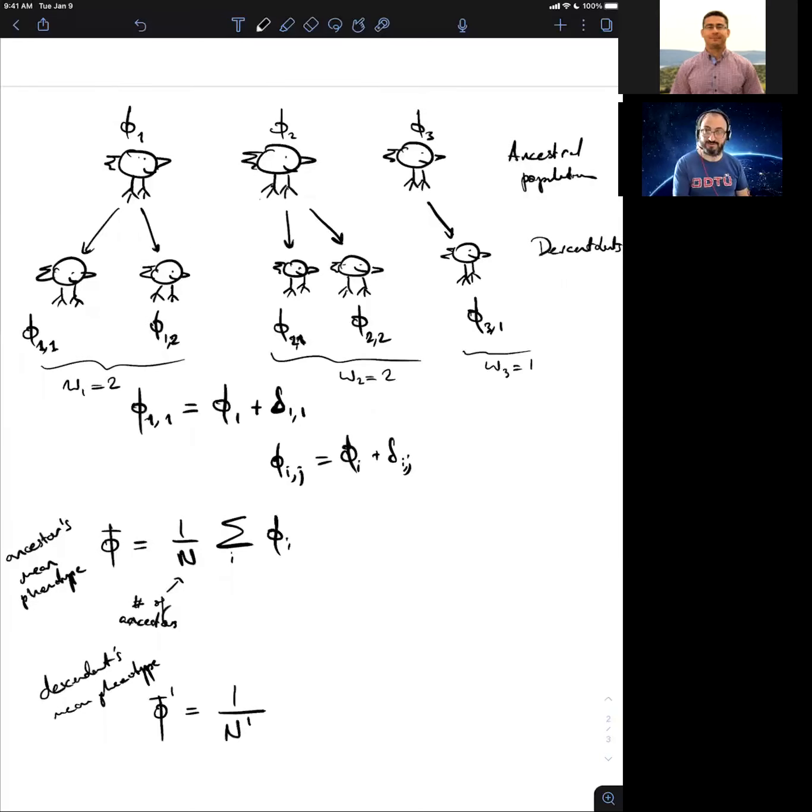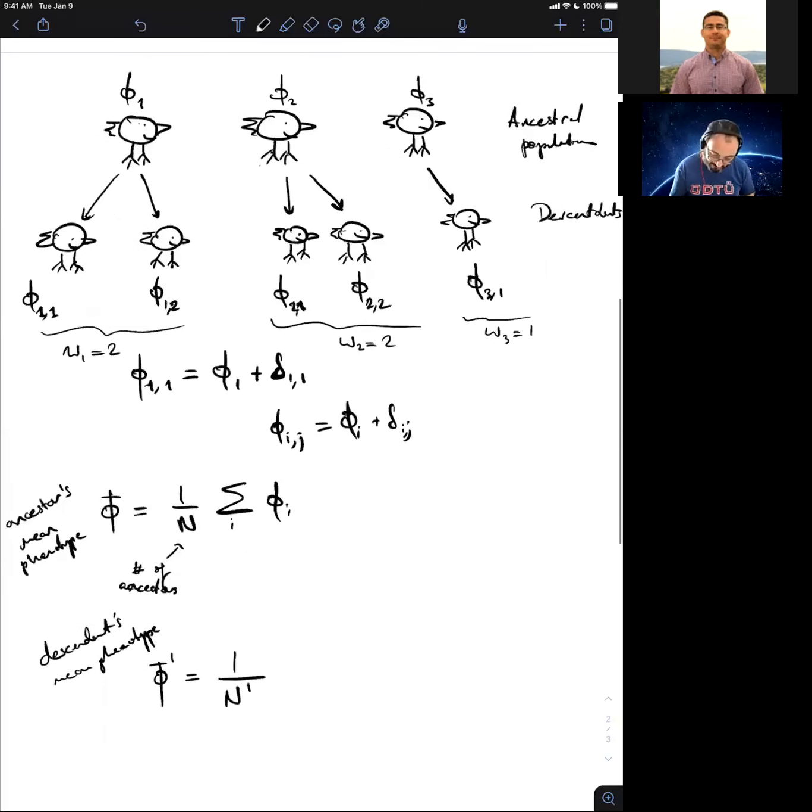In this case, it's 5 instead of 3. And then we sum over, because now we wrote down descendants with 2 indices, we have 2 subscripts to denote each descendant, so we need to sum over both subscripts, i and j.